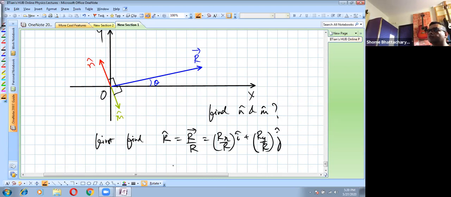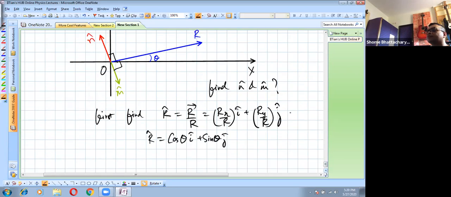Now this r cap is actually equal to cos theta i cap plus sin theta j cap. So by combining these, cos theta is nothing but rx by r and sin theta is nothing but ry by its magnitude.